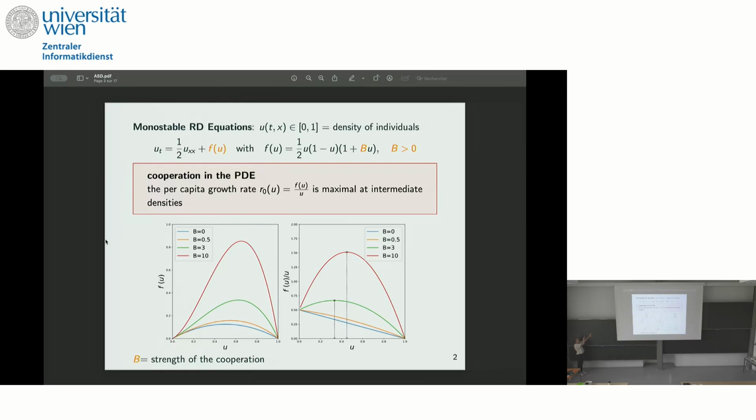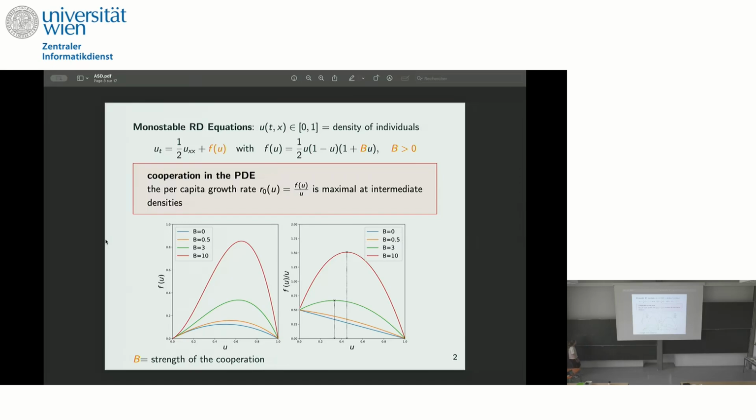And so this term is some kind of saturation term that prevents the density from exceeding 1, and so it models the intraspecific competition. And here I will focus on the version of this reaction term where I multiply this logistic growth by a cooperation term.